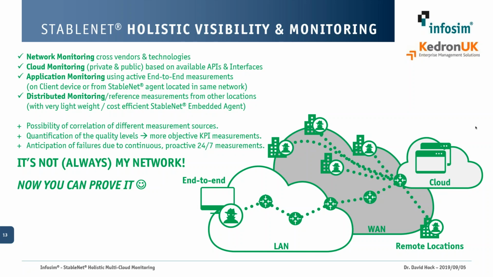That also helps you in judging your KPIs and seeing if you're staying inside the service level agreements. And based on the 24/7 proactive measurements that you can do with that system, you also have the possibility to anticipate failures if you see quality decreasing, rather than just being in a reactive mode. So it's still not always your problem, and now you can even prove that.